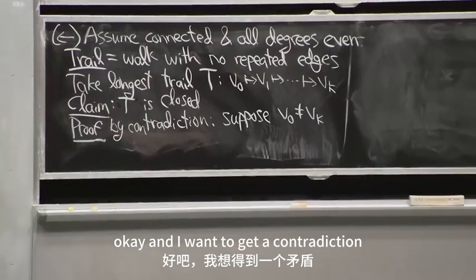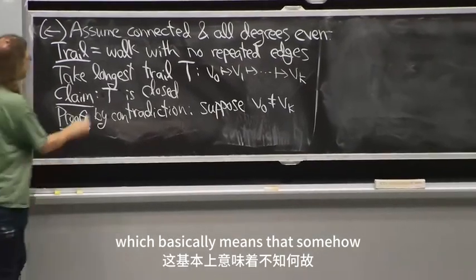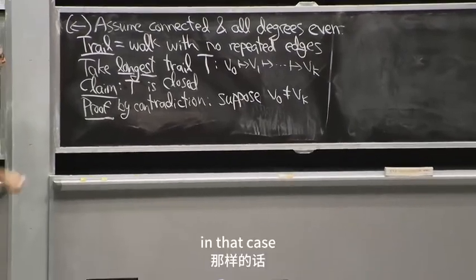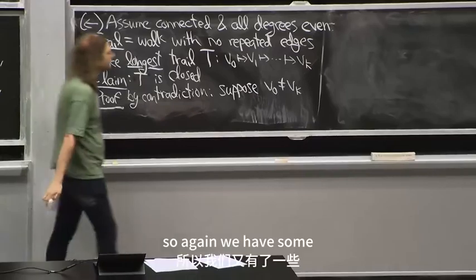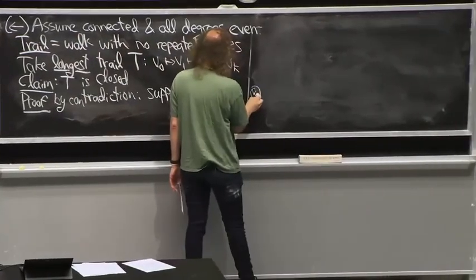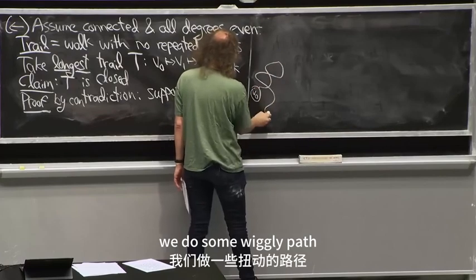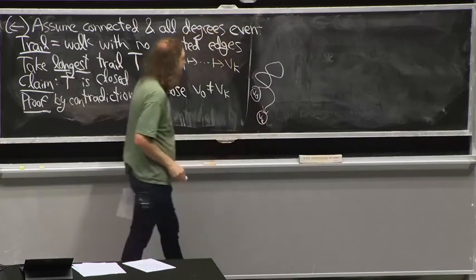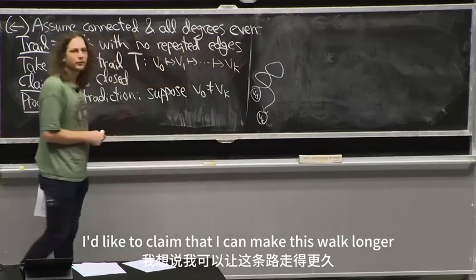And I want to get a contradiction, which basically means that somehow I want to show the trail was not actually longest in that case. So again, we start at v0, we do some wiggly path, and we end at vk. And supposing these are different, I'd like to claim that I can make this walk longer.